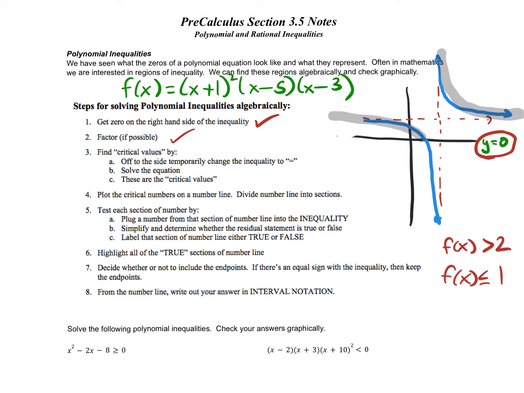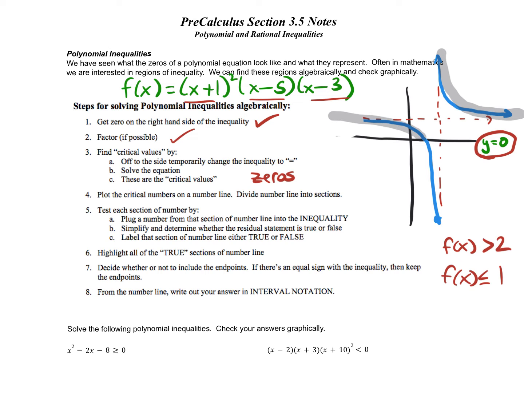Then we're going to find critical values. Critical values are just the zeros. So it's just what makes each factor 0. So like up here, it'd be -1, 5, and 3. And when we pick these zeros, that is going to divide our number line into different regions. So bigger than one, less than another, and we'll see how that works.